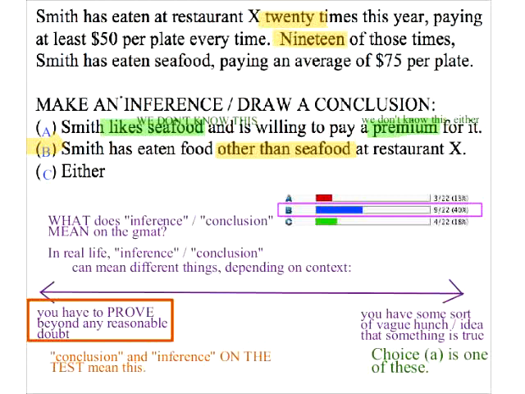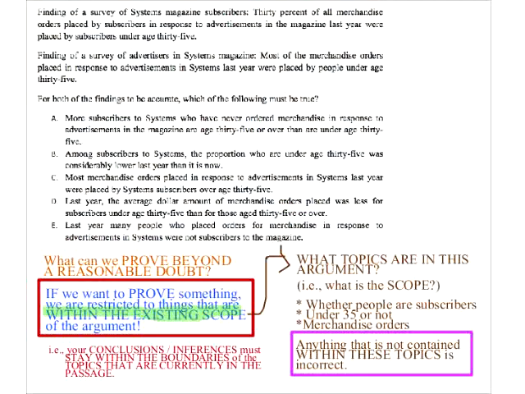That's why A is incorrect. The scope of the passage is just how many times Smith has been to the restaurant, how much money on average, and what kind of food. So likes and doesn't like is completely outside this scope. And premium, because we're just talking about an overall average, is also outside the scope. So on this question type, you can eliminate things that are outside the scope of the passage.